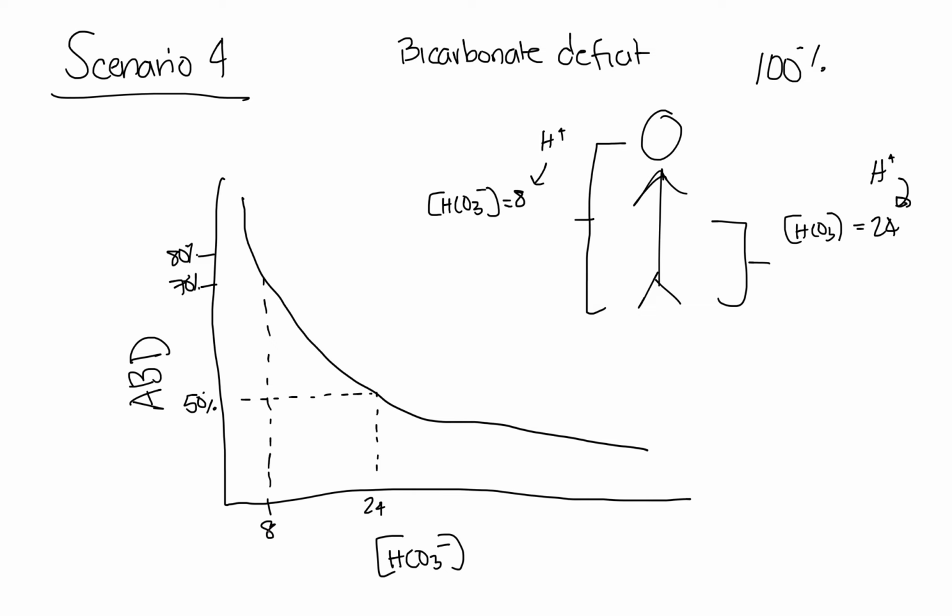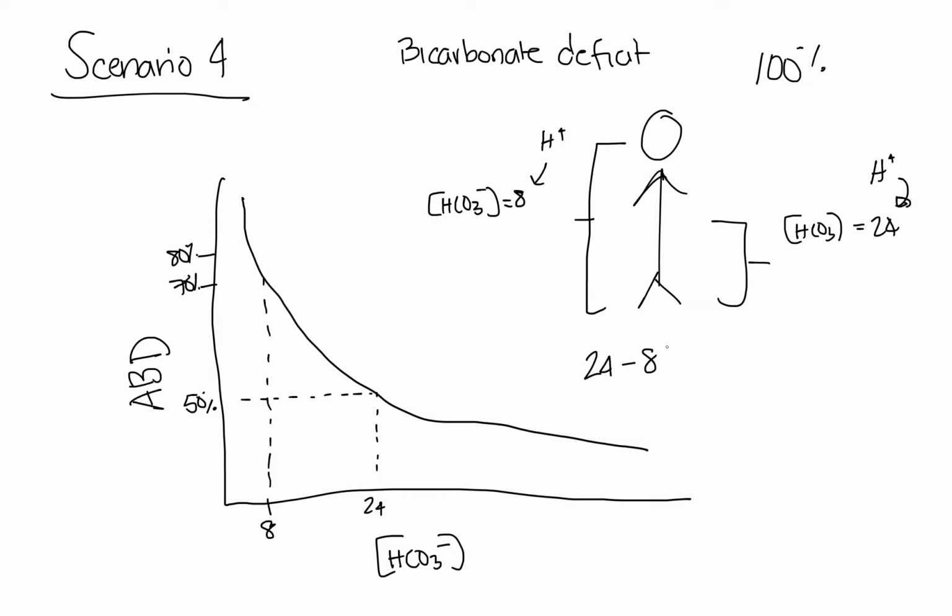But that also means 70 to 80% of our body has cells with a bicarbonate that is 8. And our goal is to get this bicarbonate of 8 back to 24. And so we can calculate a bicarbonate deficit. How we do that is, well, we know the serum bicarbonate is 8, and we want to get it back to 24.